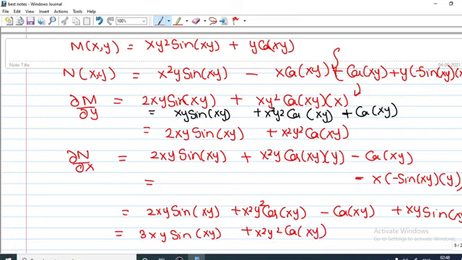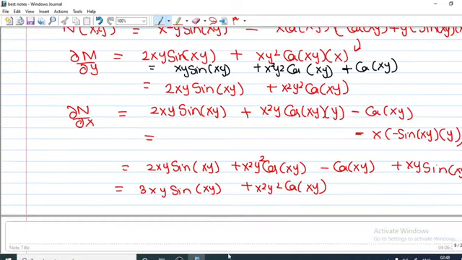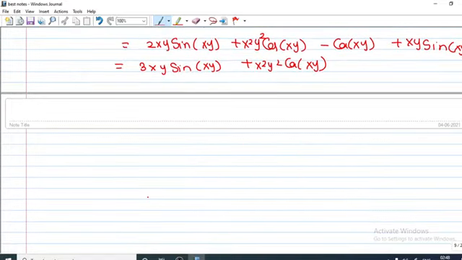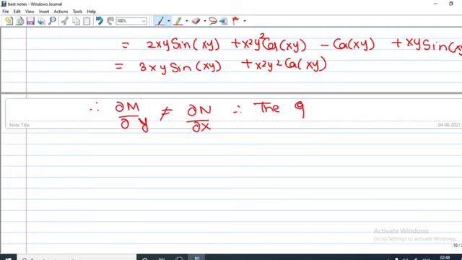Now you can clearly make out that they are entirely different. Therefore, dou M by dou y is not equal to dou N by dou x. Therefore the given differential equation is not exact.